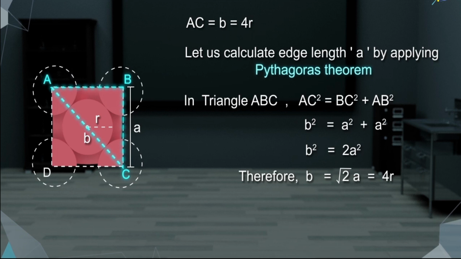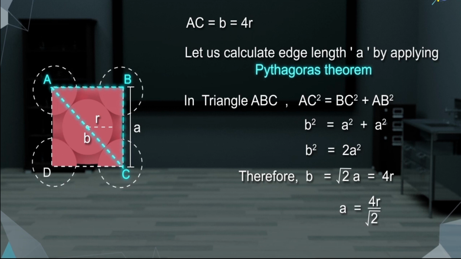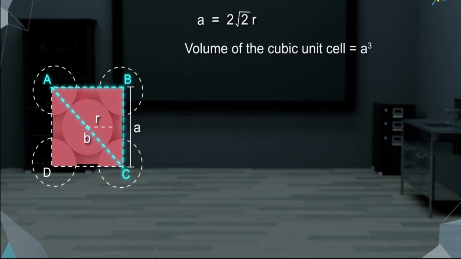Therefore B is equal to √2 A, which is equal to 4R. Now A is equal to 4R divided by √2, which is equal to 2√2 R. Volume of the cubic unit cell is equal to A³, which is equal to (2√2 R)³.